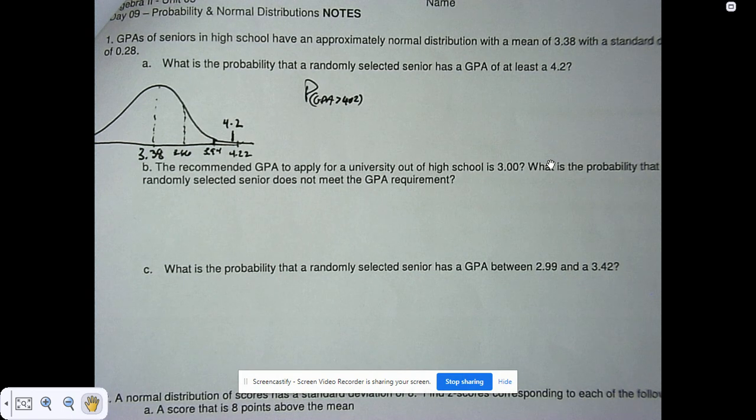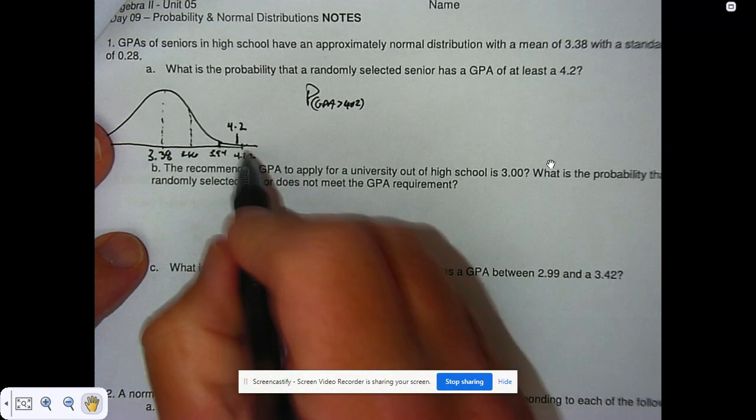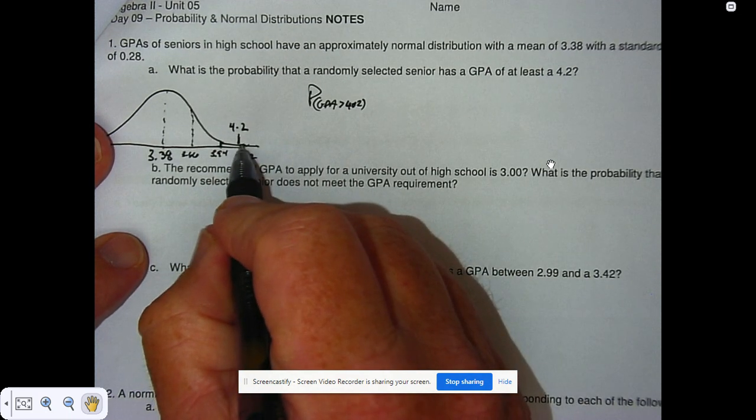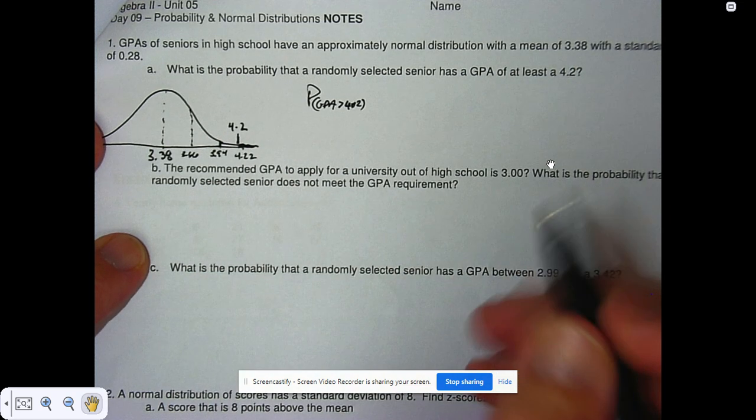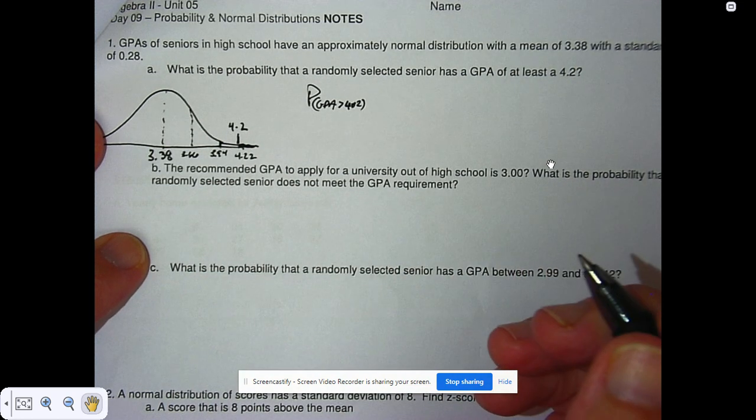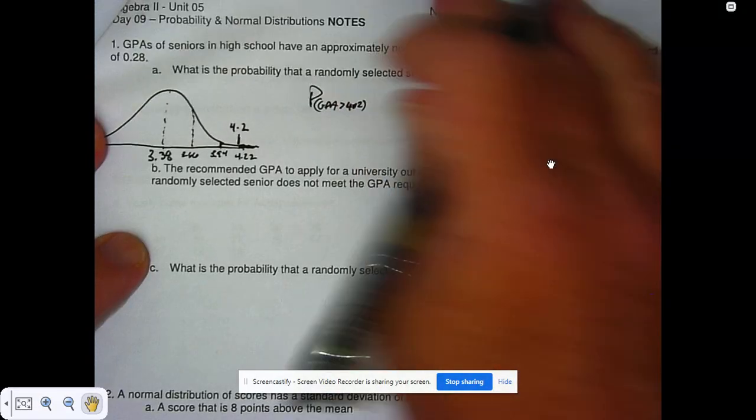Well, that's not going to be a lot of people. I can tell you that right now. The shaded portion of this curve is just going to be right there. That's not going to be a big probability. So we're looking for a pretty small number.